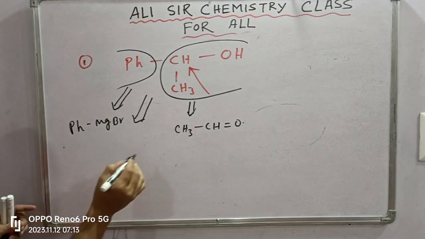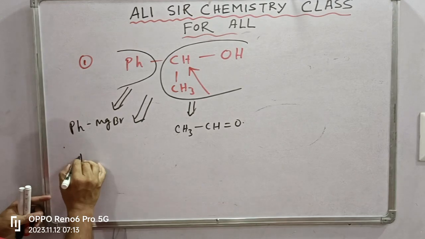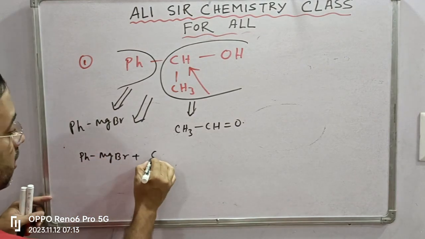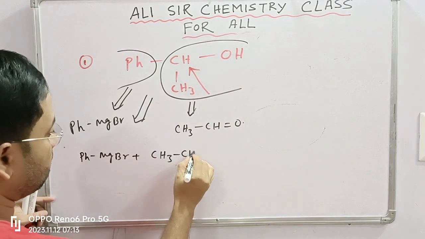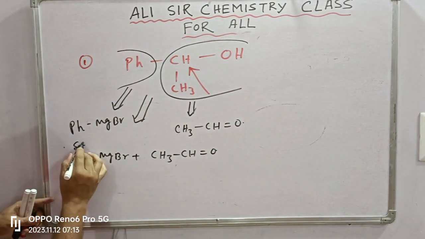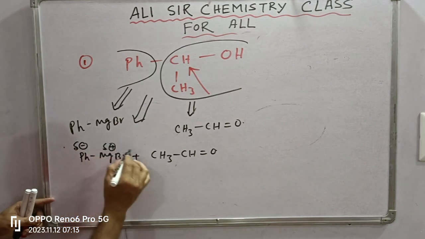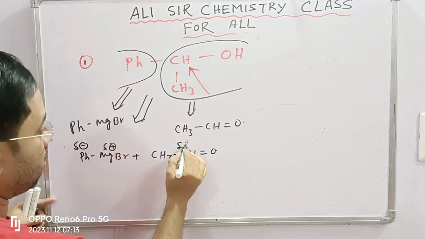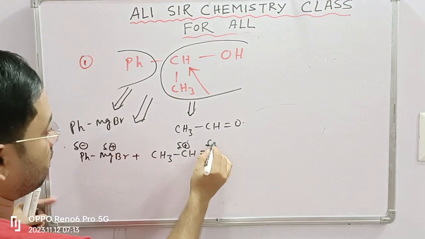Very simple method, just go backward. How can you prepare this? Just use PhMgBr plus acetaldehyde, CH3CH double bond O. So you see, this is the Grignard reagent. This becomes delta negative, this becomes delta positive, and this is delta positive, and this is delta negative.